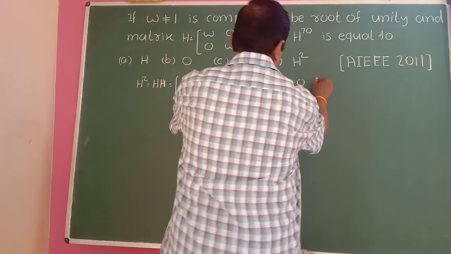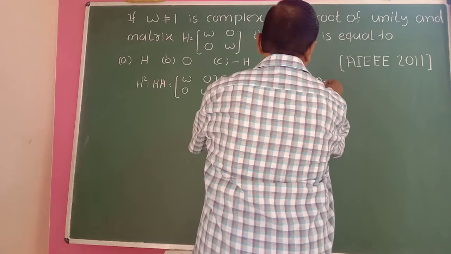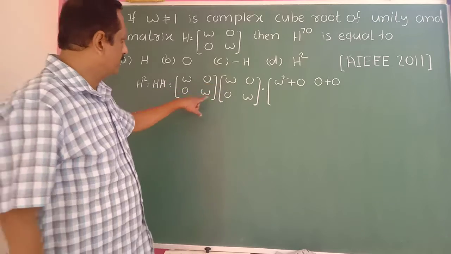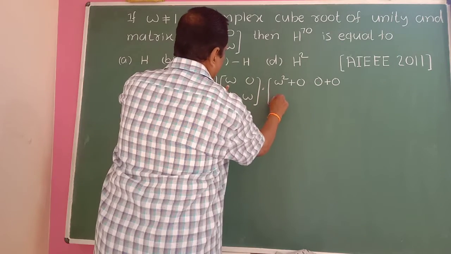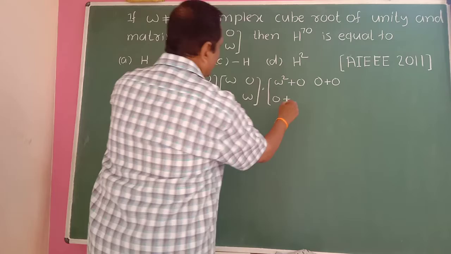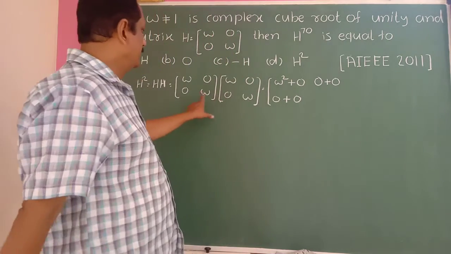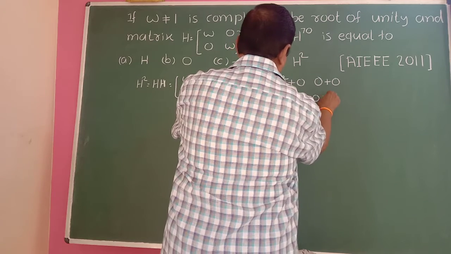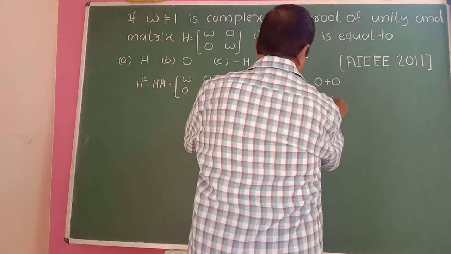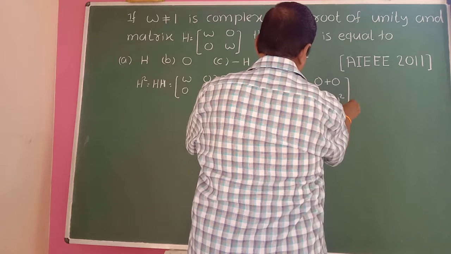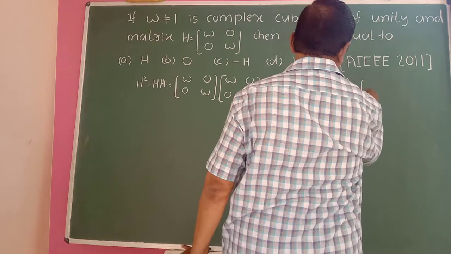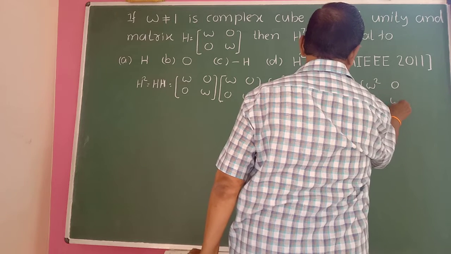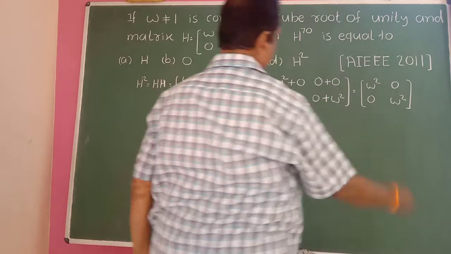Omega into 0 is 0, 0 into omega is 0, so plus 0. Then multiply this with the column here. 0 into omega is 0, then plus omega into 0 is 0. Then multiply row with the column here. 0 into 0 becomes 0, then plus omega into omega is omega square. Therefore, this is equal to omega square 0 0 omega square.